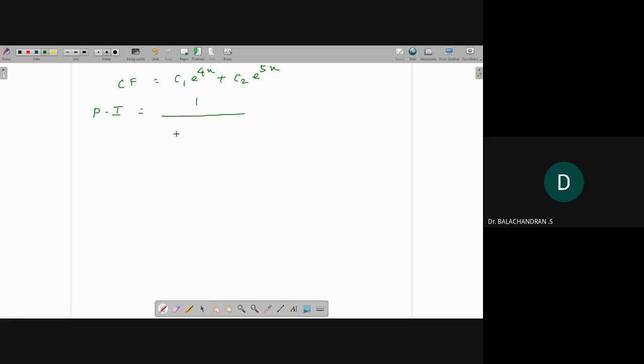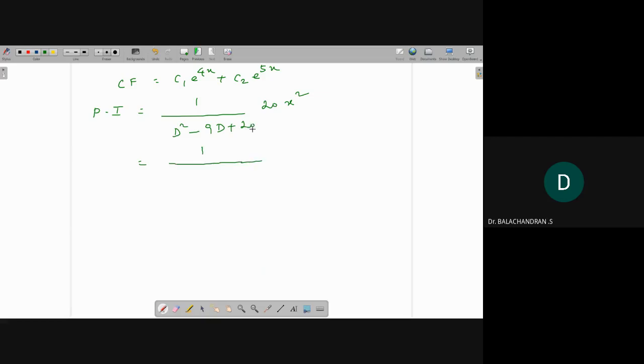So PI is 1 by D square minus 9D plus 20, right hand side is 20x square. You should write this in the form of 1 plus x or 1 minus x.